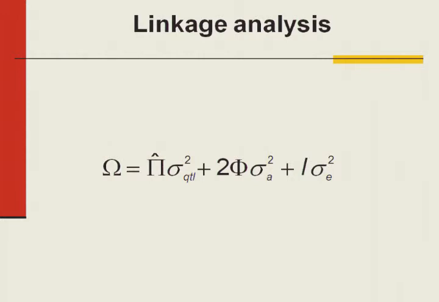Yes? After accounting for the known loci, does the heritability estimate drop? It depends. It depends how you parameterize it. So you remember, I'm looking at it as a proportion of the total. If I'm taking that known locus out of my genetic component and I'm looking at the unexplained as a proportion of the total, it drops.